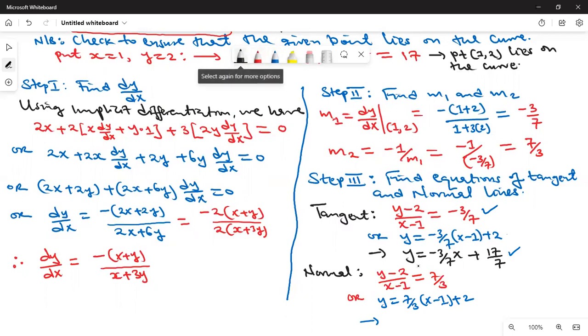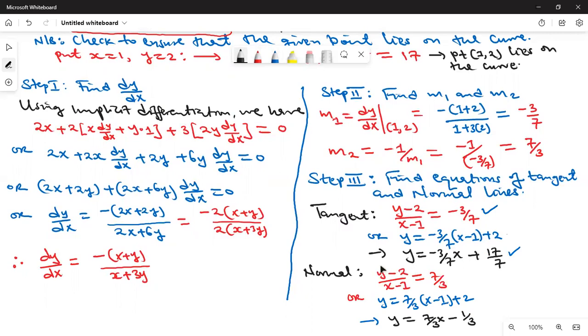When you simplify the right-hand side, you get y equals 7 over 3 x, then minus 7 over 3 plus 2. That will give us negative 1 over 3. So minus 1 over 3.